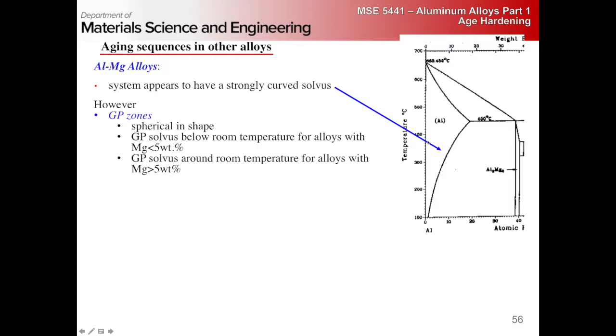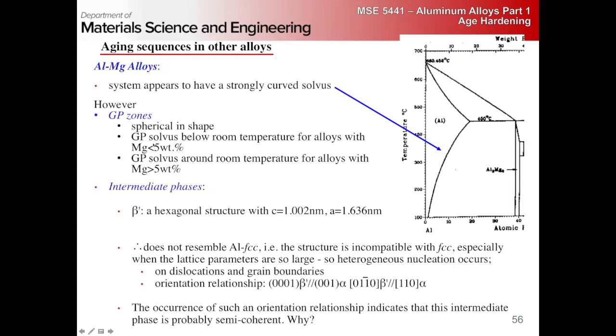They're not platelets like in aluminum copper, and also the GP zone solvus is below room temperature for alloys that are of interest. What do the intermediate phases look like?